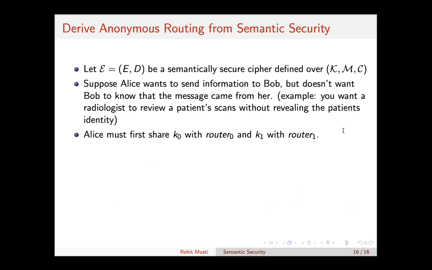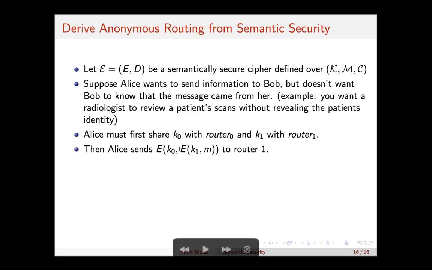Well, first, Alice must share a key K0 with router 0 and a key K1 with router 1. And these keys are sampled from the key space we defined at the top. Then Alice sends the encryption of K1 in the message using K0 to router 1.